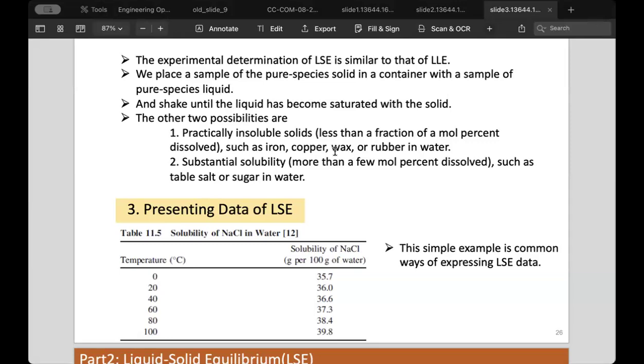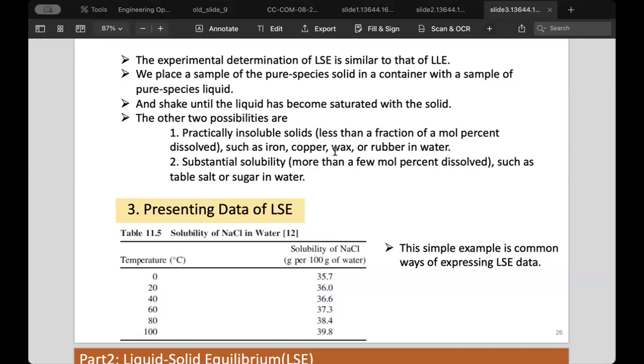Even at 35.7 gram of sodium chloride, you never have liquid solid equilibrium, because all the sodium chloride can dissolve in the water. If you want liquid solid equilibrium, you must add more sodium chloride to the system.